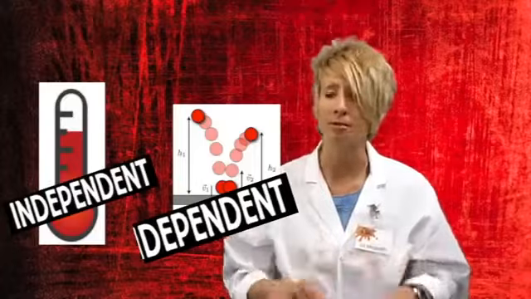Let's look at another question. Let's say my scientific question is, does changing the color of light affect a plant's growth? Now, what's the thing that I am changing? My independent variable. Can you guess? It's the color of light. I'm the one who's going to decide who gets red light, who gets blue light, and who gets maybe white light.